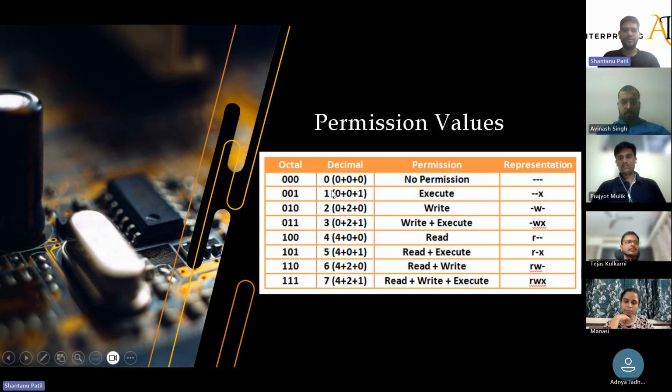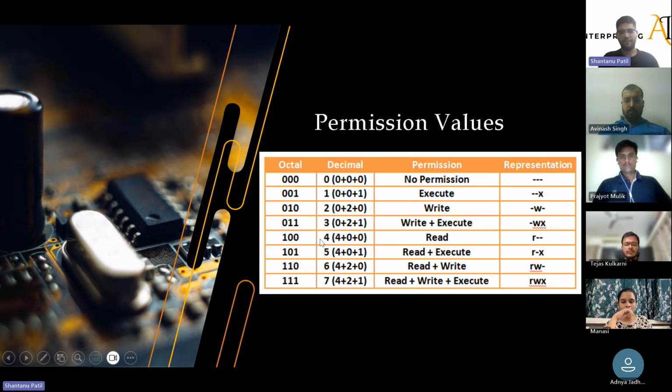Using these three numbers, 1, 2, and 4, we are going to grant different permissions with the combination of these. If I want to give just execute permission, then the number would be just 1. If I want to give write permission, then the number would be 2. If I want to give execute plus write permission, then the number is 3, right? So 2 plus 1, 3, correct?